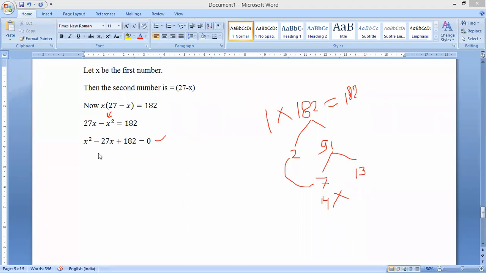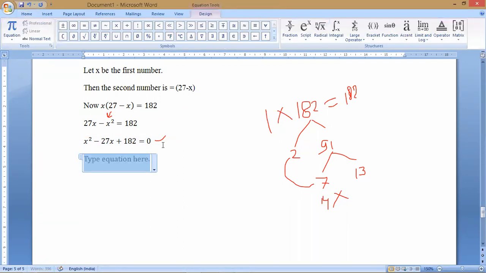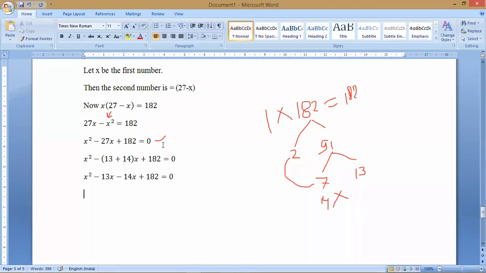So now we can write x square minus 13 plus 14 x plus 182 is equal to 0. Now this is x square minus 13x minus 14x plus 182 is equal to 0.